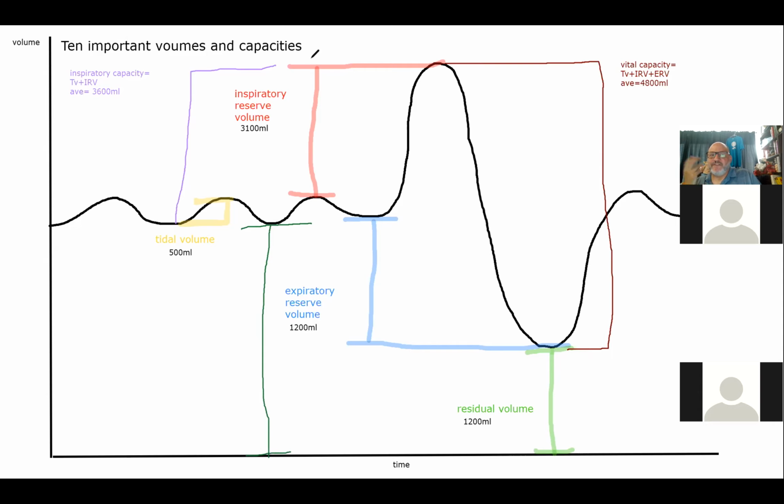All this air left in my lungs is the expiratory reserve volume plus the residual volume. And what would that average be? 2,400.